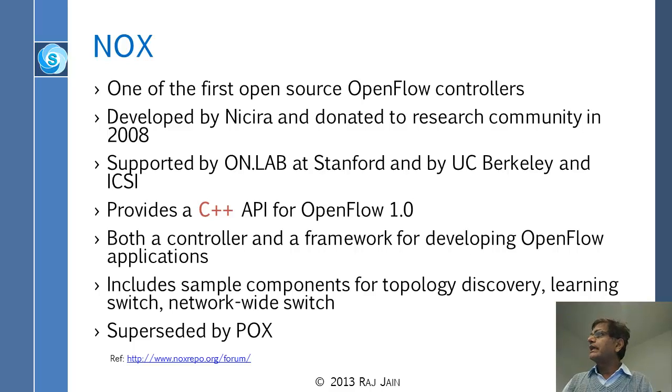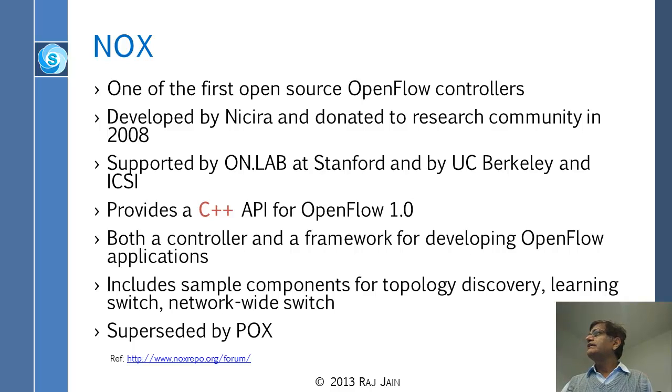And actually they are also the ones where the OpenFlow idea came from. So their lab is ON Lab. Now the main difference between different controllers that we are going to see today is the language they are implemented in. All of them perform a very similar function, which is to speak OpenFlow.